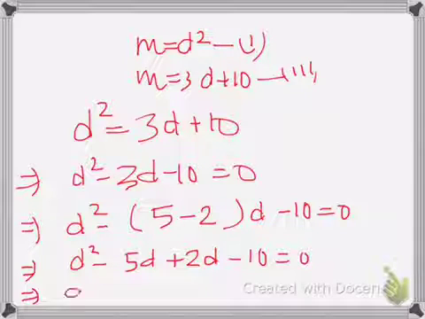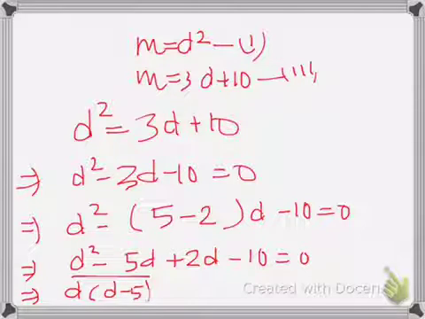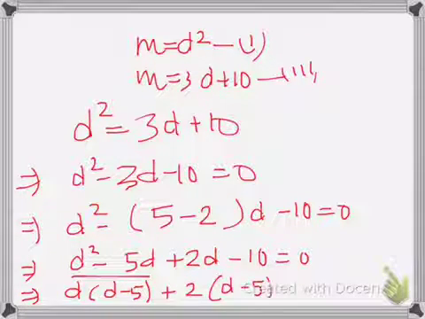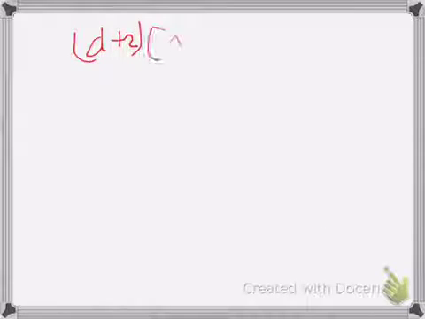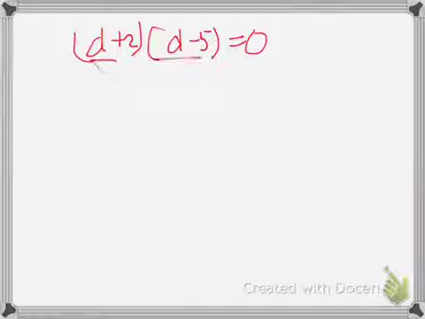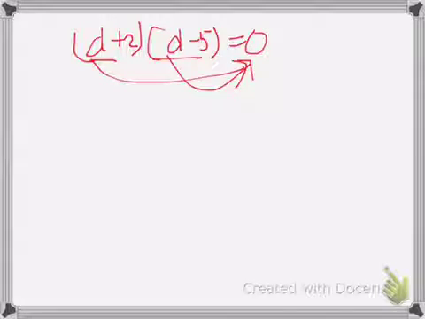When I take d common from the first two expressions, I get d minus 5, and if I take 2 common, d minus 5 equals 0. So d plus 2 and d minus 5 will be our two expressions. Either this expression should be equal to 0 or this expression should be equal to 0.